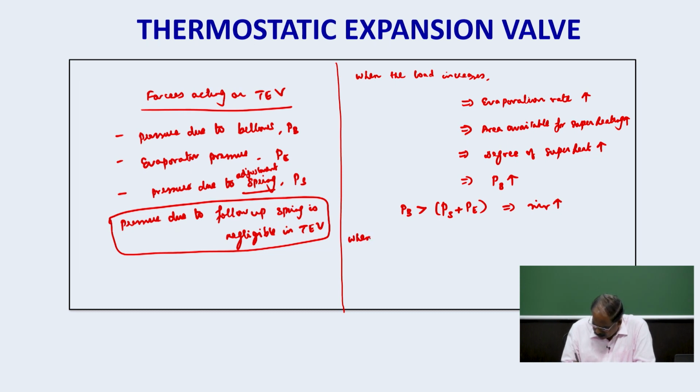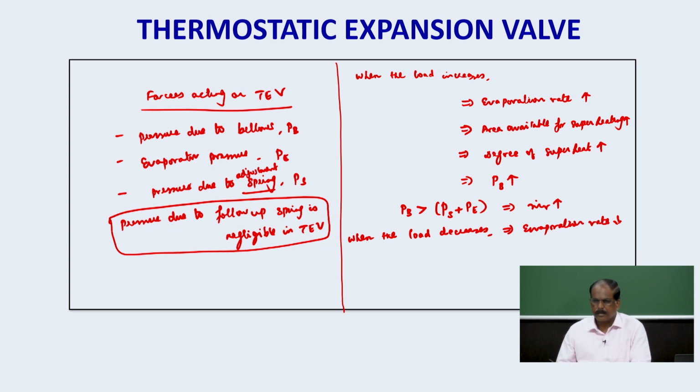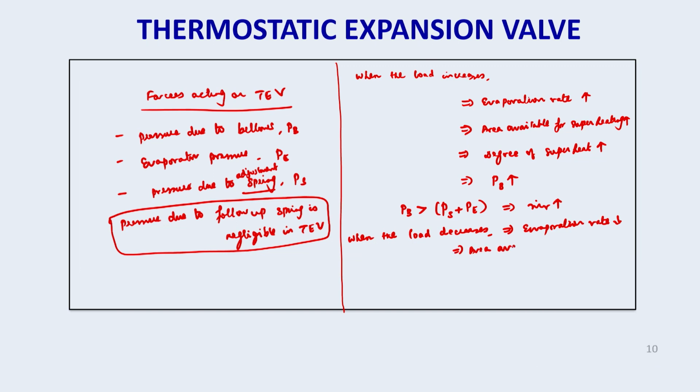When the load decreases, the evaporation rate will decrease. The area available for superheating reduces, which will reduce the degree of superheat.